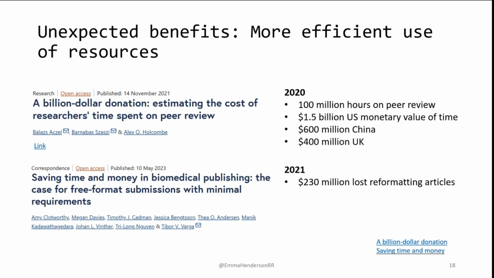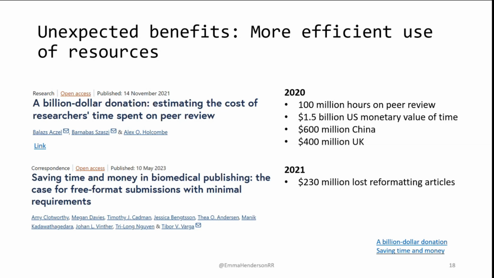And I just wanted to highlight some research that talks about the cost of these kinds of things. The first one is estimating the cost of researchers' time spent on peer review. They were looking at this shopping of articles from journal to journal. And in 2020, they found 1 million hours spent on peer review.